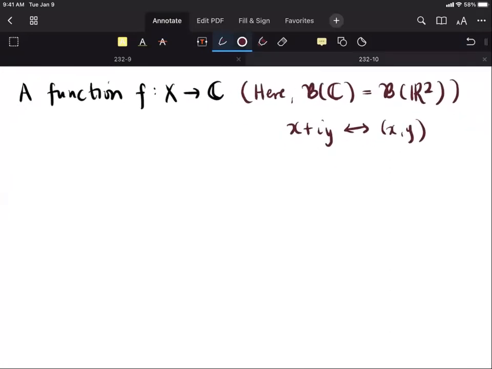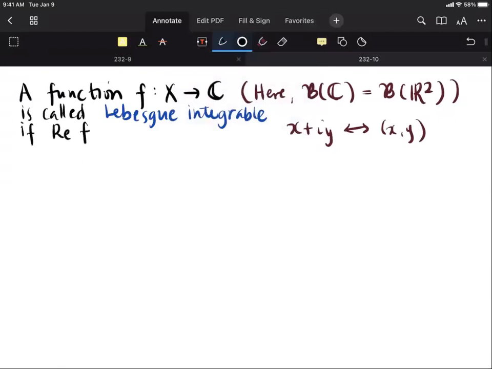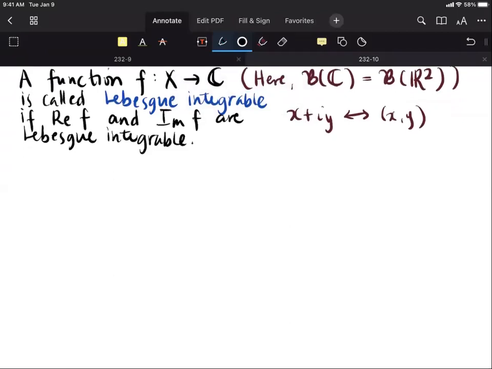This function is called Lebesgue integrable if the real part and the imaginary part are Lebesgue integrable. Take note that the real and imaginary parts are now real valued measurable functions.